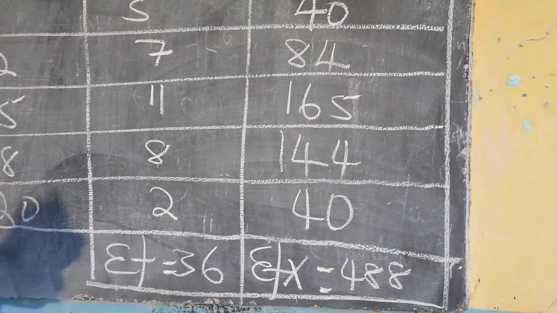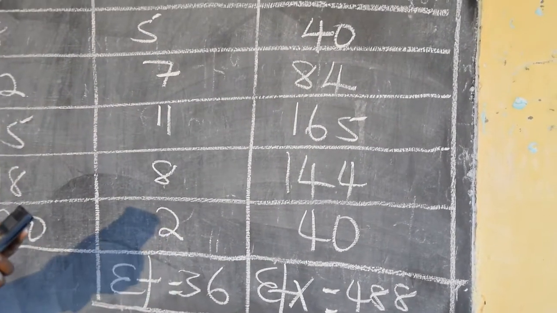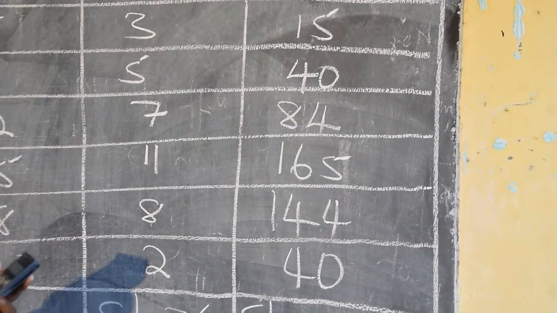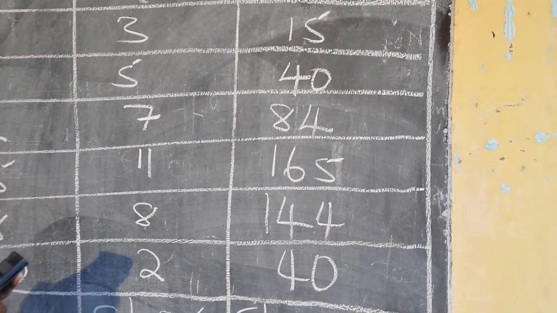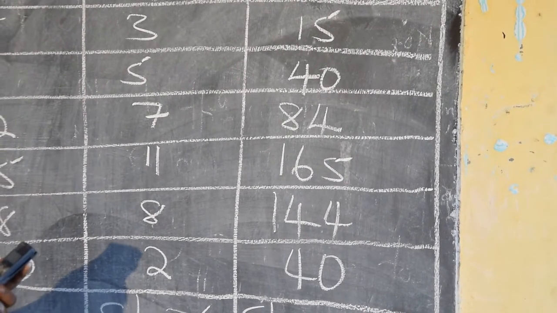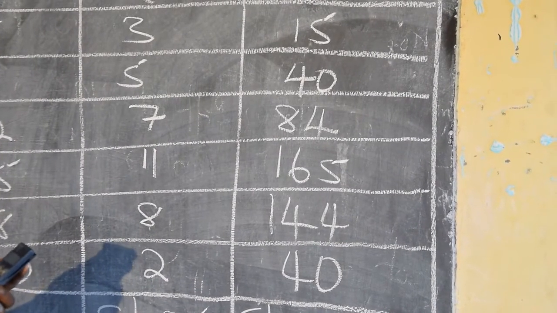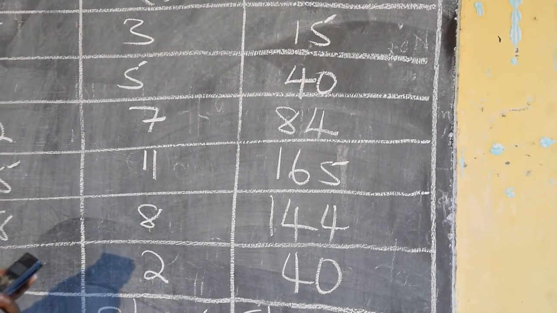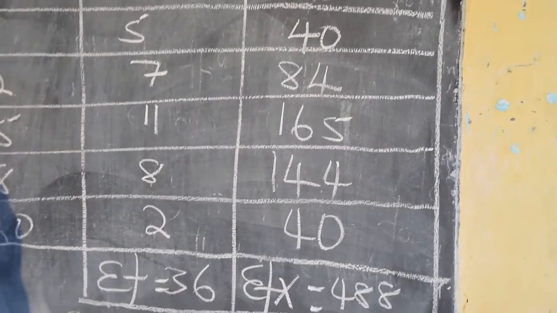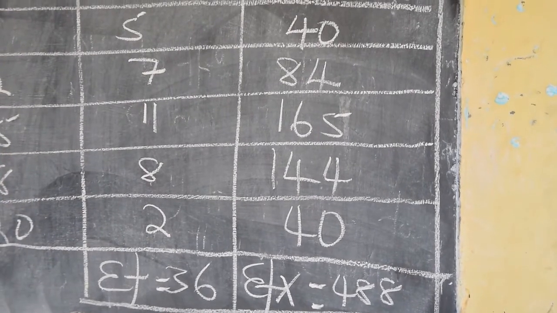Let us add again to verify. That is 15 plus 40 plus 84 plus 165 plus 144 plus 40. This one gives 488. We go back to the question.